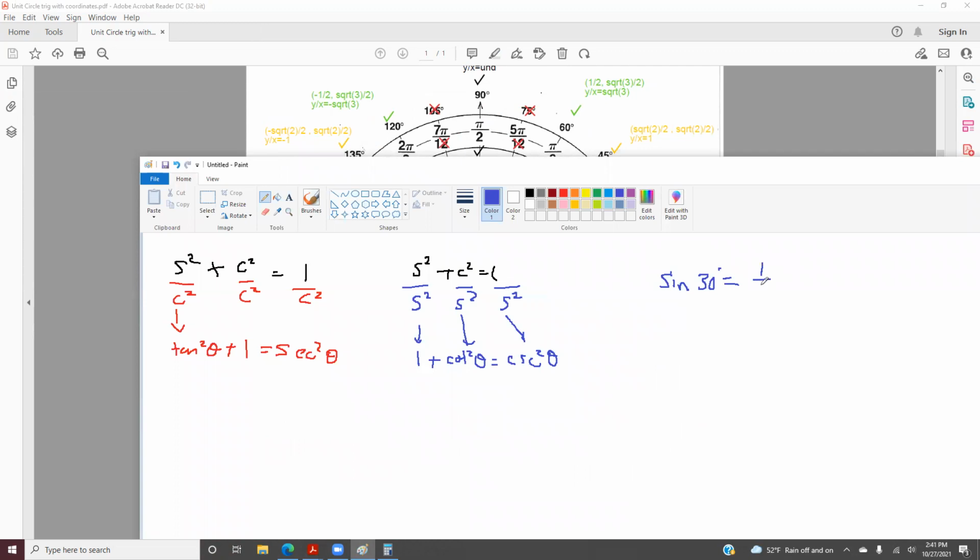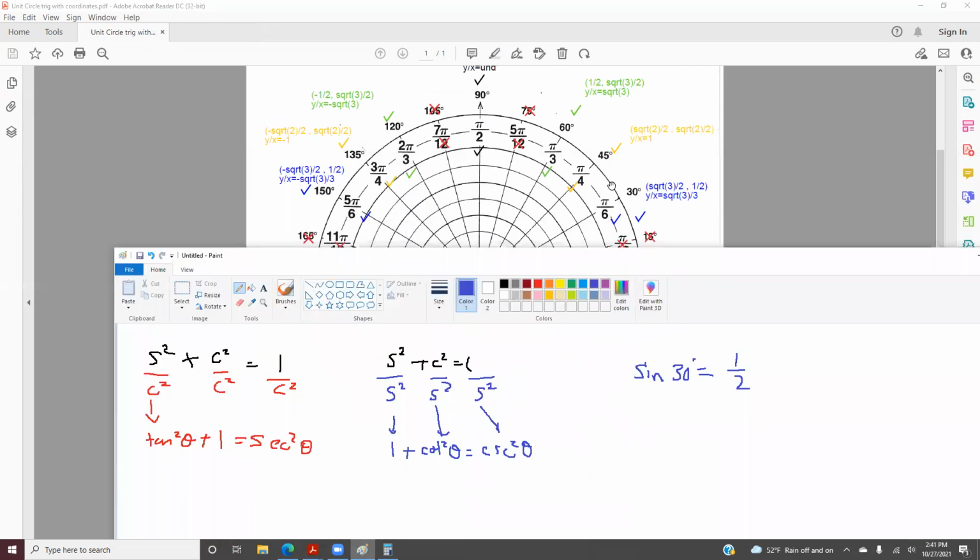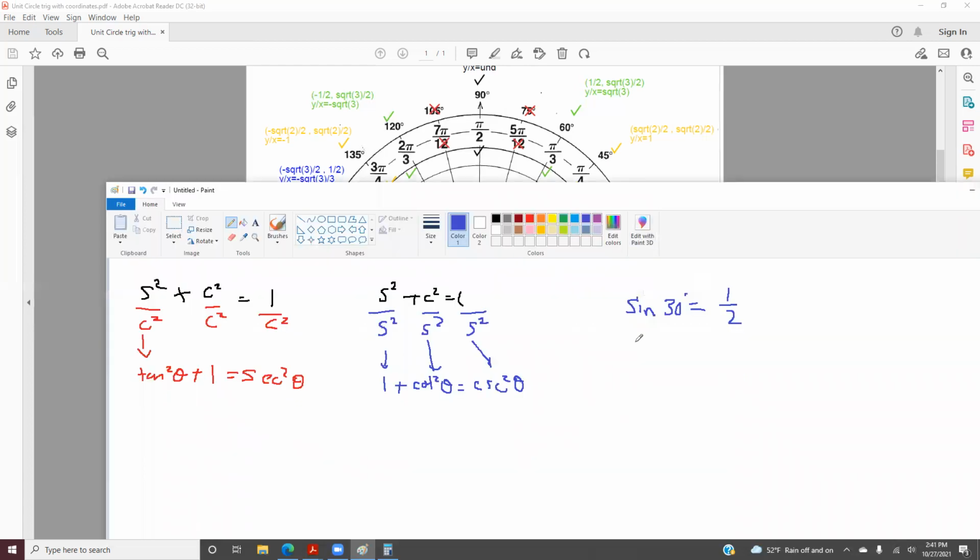It's 1/2. Sine 30 degrees is the y value, 1/2. So what happens when you do sine squared 30 degrees? Sine squared 30 degrees means you take this 1/2 and you square it. So it's 1/4.